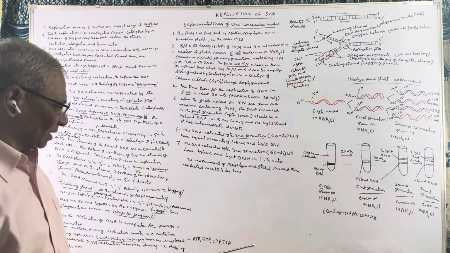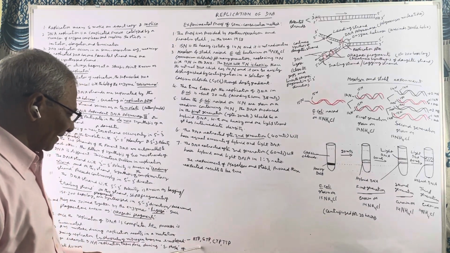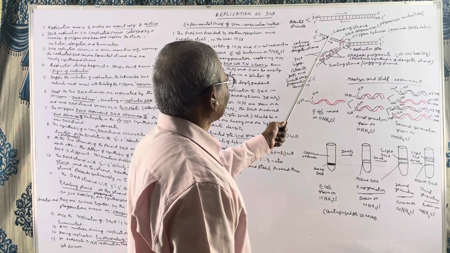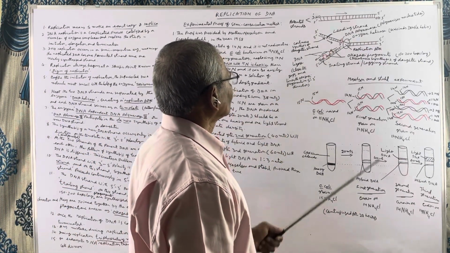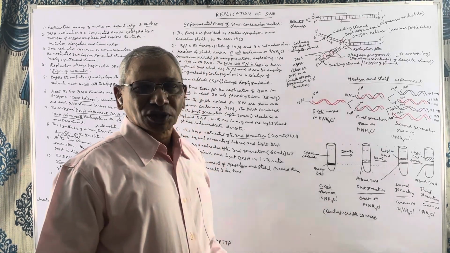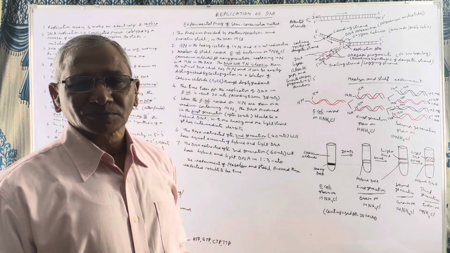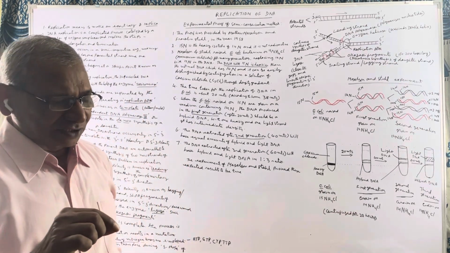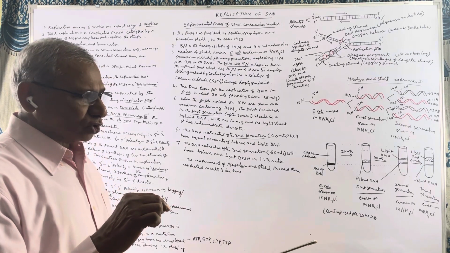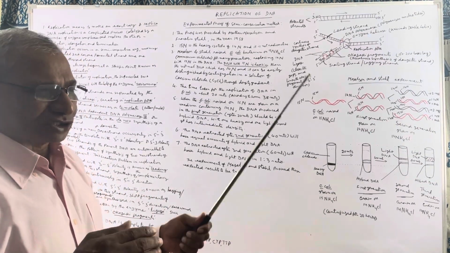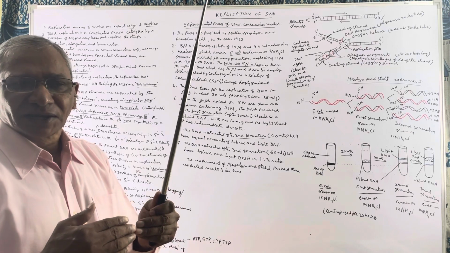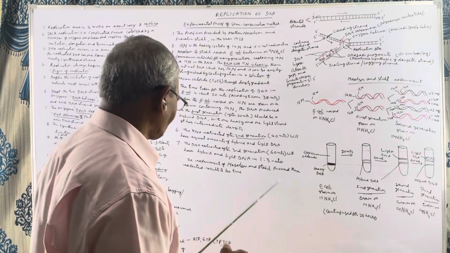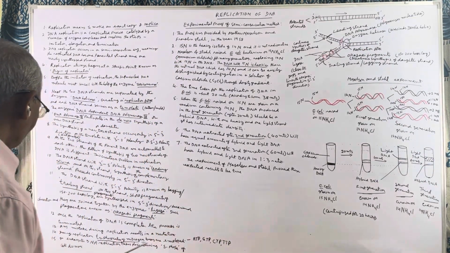In this way, these triphosphates are present in the nucleotides, and when the nucleotides are added to the OH end of the growing DNA polymer, the energy present in the nucleotides is utilized for joining or linking different nucleotides. So this is also a very important point.